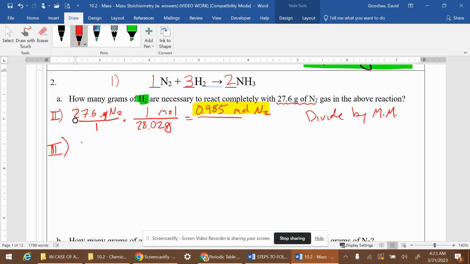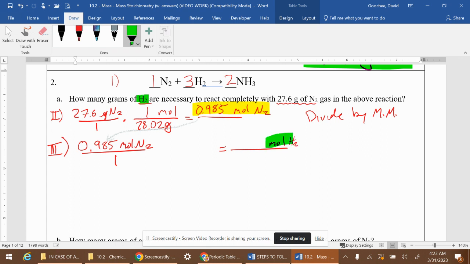So starting with 0.985 moles of N2, and we want to convert that into moles of H2.